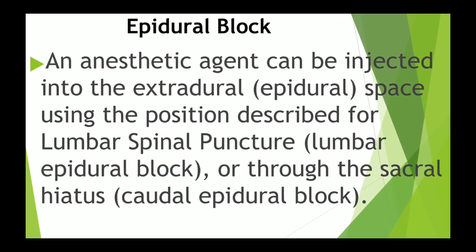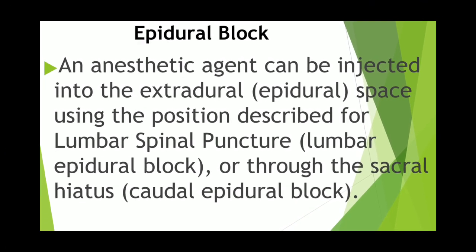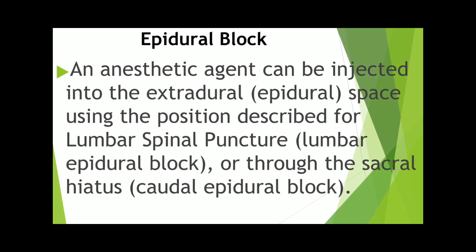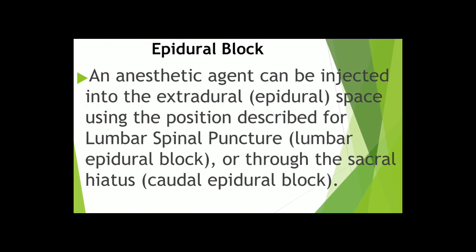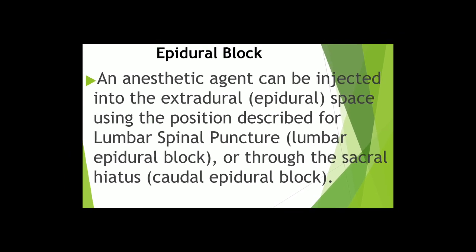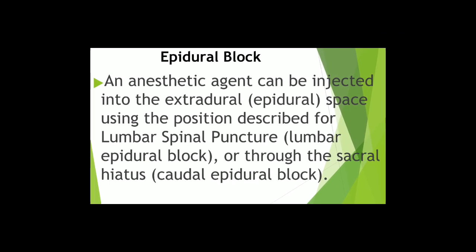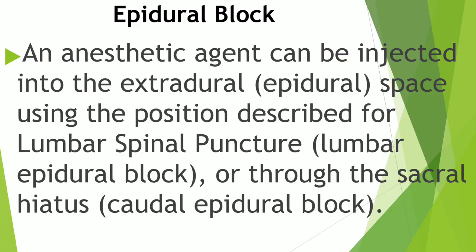What if you want to do a caudal epidural block? In that case, you're going to go through the sacral hiatus. So in this case, how do you go? You're going to try to locate the sacral hiatus. You look at the buttocks, the cleft between the buttocks of the individual.